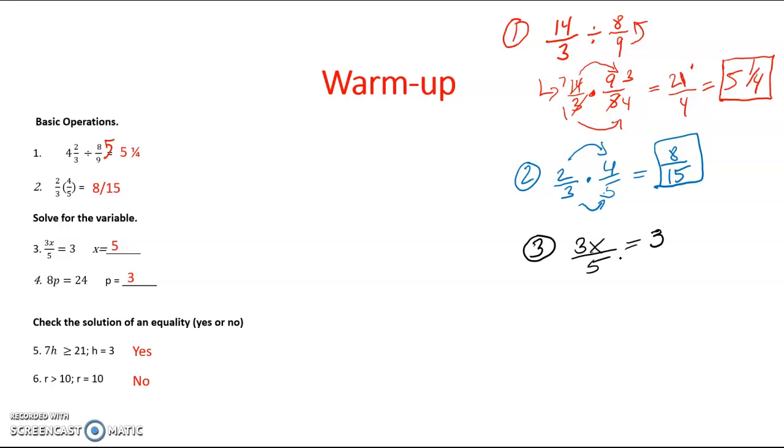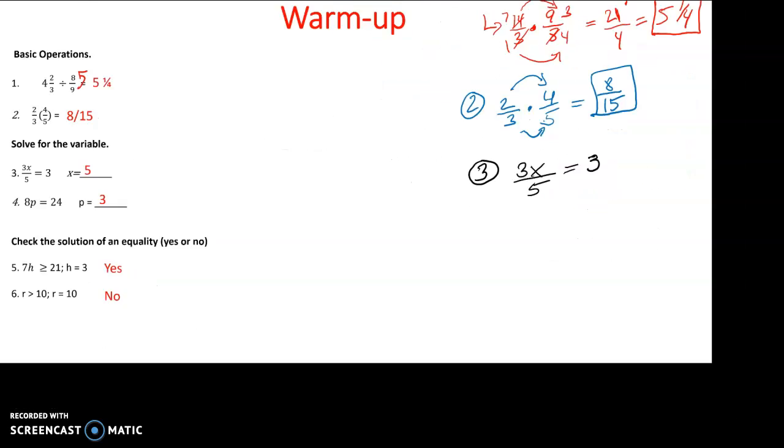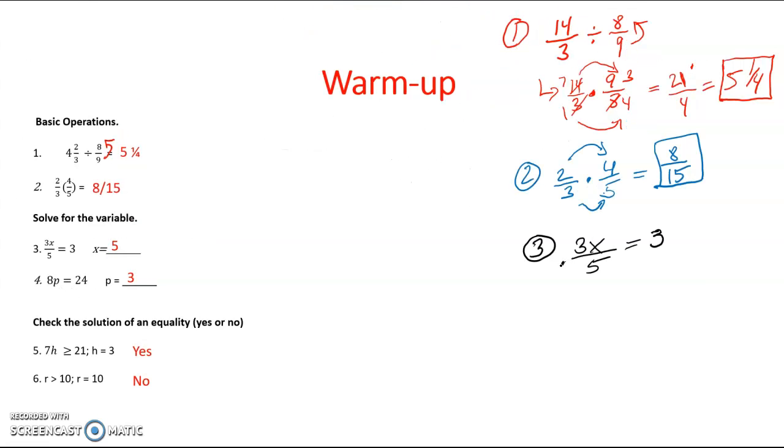So what I need to do is get that variable isolated, and I can do so by multiplying 3/5 times its reciprocal. So I'm going to multiply it times 5/3, and then I can do the same thing on the other side of the equation times 5/3.